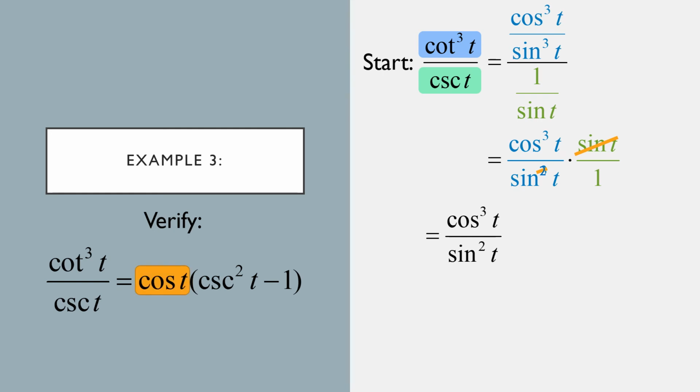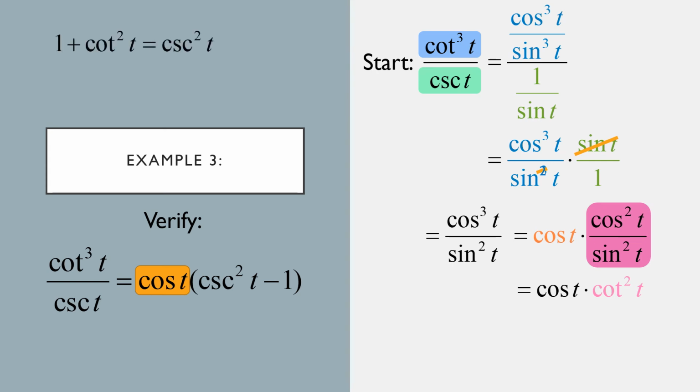Notice that I want to end up with a cosine of t in my final result. Like I did earlier, I'm going to factor out one of the cosines from the numerator and keep that. I do not want to lose that. Now I can use a quotient identity to substitute.